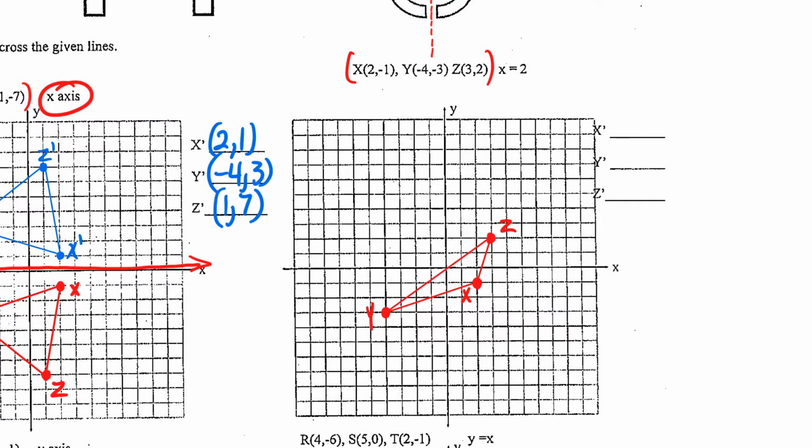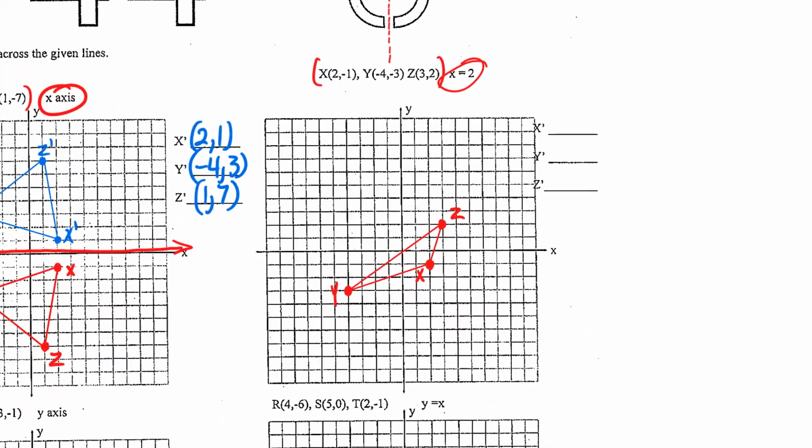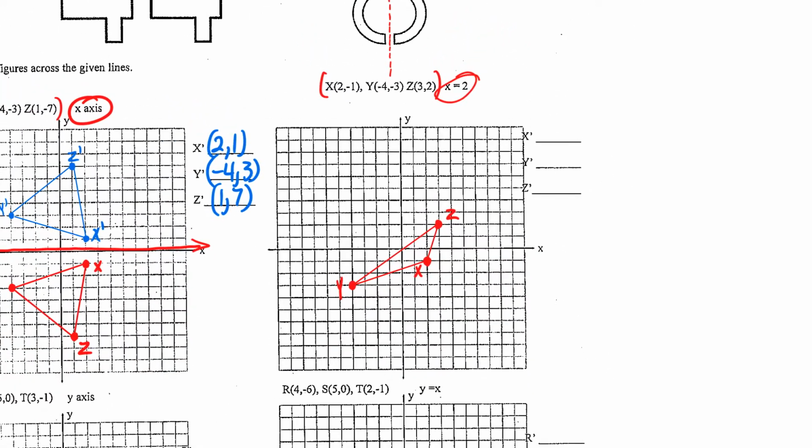Now on this one, we are reflecting across the line x equals 2. So where is the line x equals 2? Okay, so it is this line right here. And shade that one in on your paper.